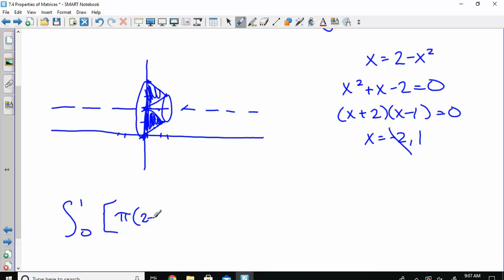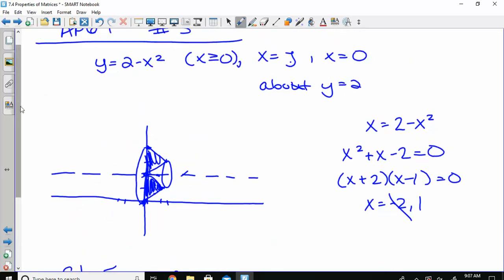X. That was the line y equals x, so it's 2 minus x, squared. Minus the inside one. You're starting at 2, and we need to come down to this curve, so it would be 2 minus that curve, which was the 2 minus x squared.